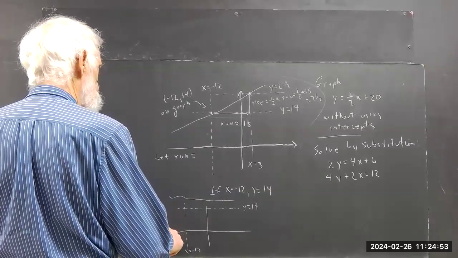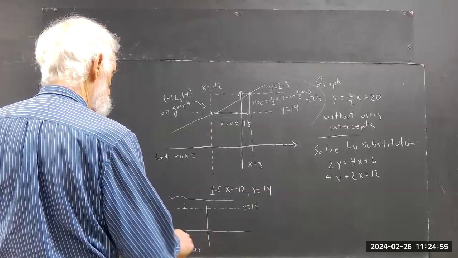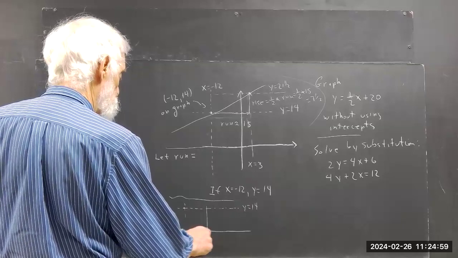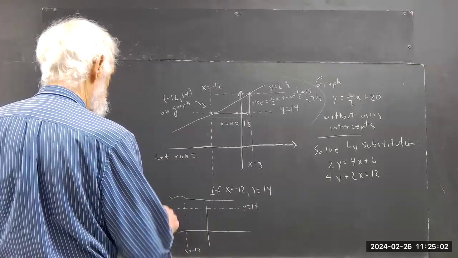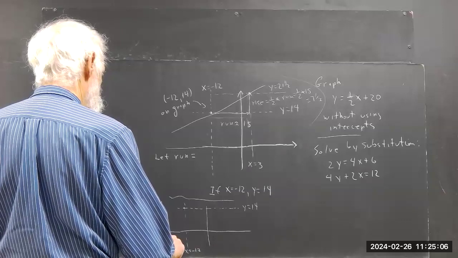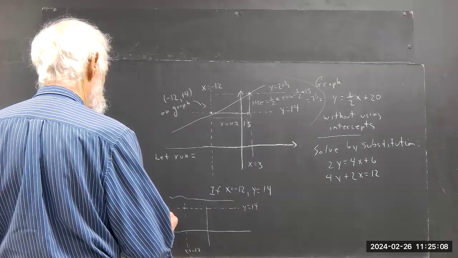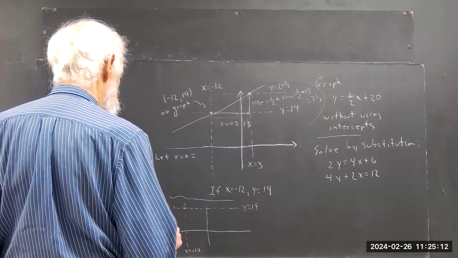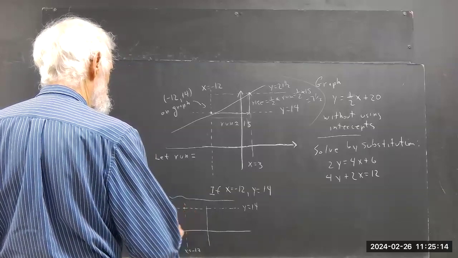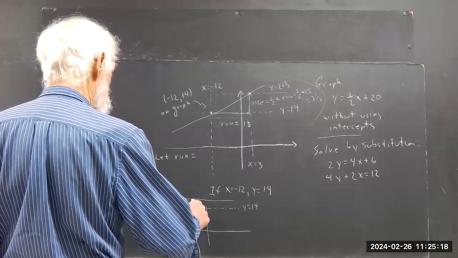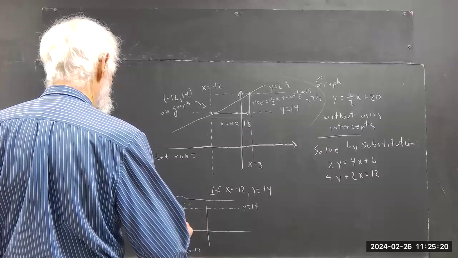So I'm going to move over. This is x equals -12. I'm going to move over to x equals -24, twice as far from the x-axis. Now the slope is going to be 1/2. So the graph might look something like this.